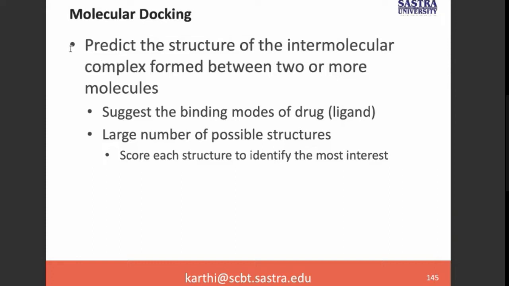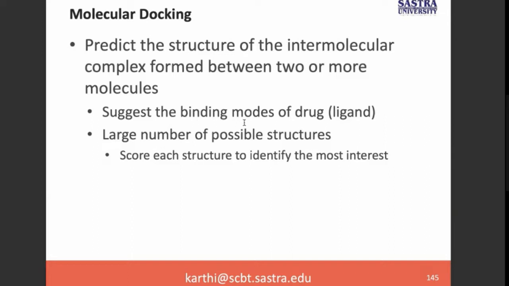What we do in molecular docking is predict the structure of the intermolecular complex formed between two or more molecules, most often between the protein molecule and the ligand molecule. What we can expect from the docking algorithm is that it will suggest the preferred binding mode of the ligand or drug molecule. The same ligand molecule can be fitted in different conformations or orientations within the binding site.